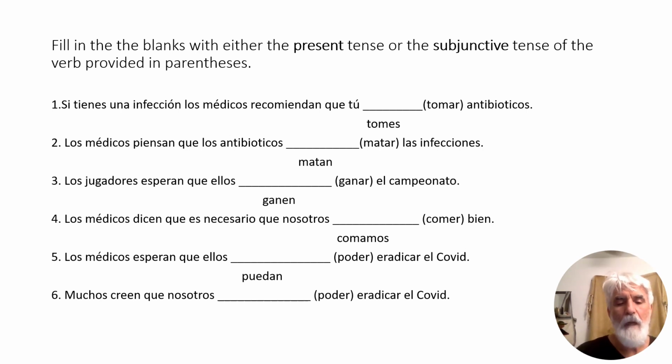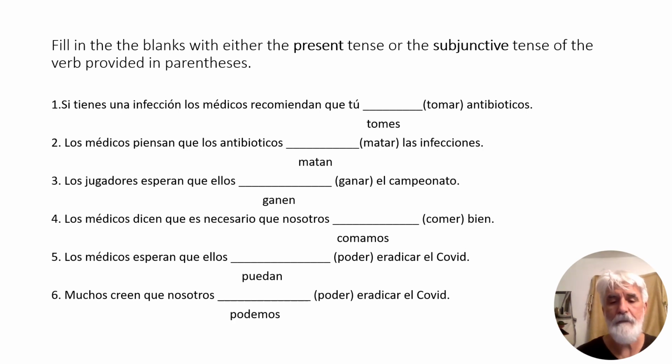Finally, muchos creen que nosotros poder erradicar el COVID. So what is it saying here? Many believe that we can eradicate COVID. What am I going to do with poder, the verb to be able to, or the can, could verb? Is it going to be in the present tense or the subjunctive?